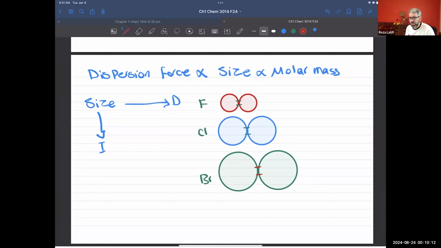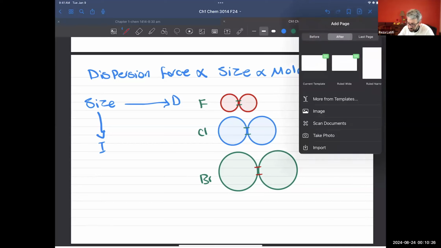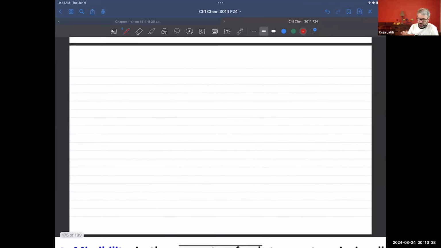Dispersion force is not only subject to the size or molar mass, it is also subject to the shape of the molecule. If it's linear, it's better. Linear is better than completely spherical. This is one example.